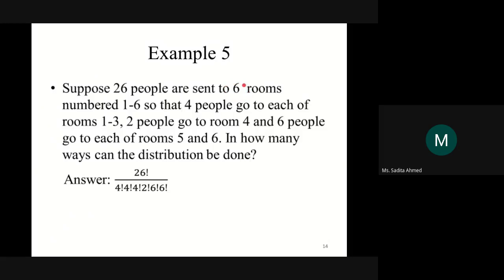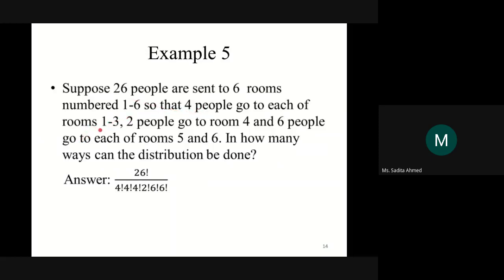That is 26 distinguishable people who would be distributed among 6 distinguishable rooms, such that 4 of these 26 people are placed in the first box, 4 in the second box, 4 in the third box. That is 4 people sent into room 1, 4 again into room 2, 4 into room 3.